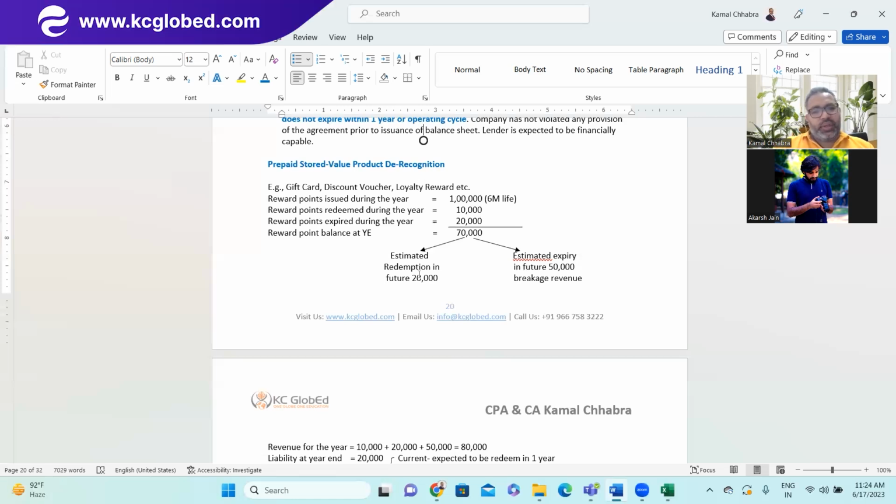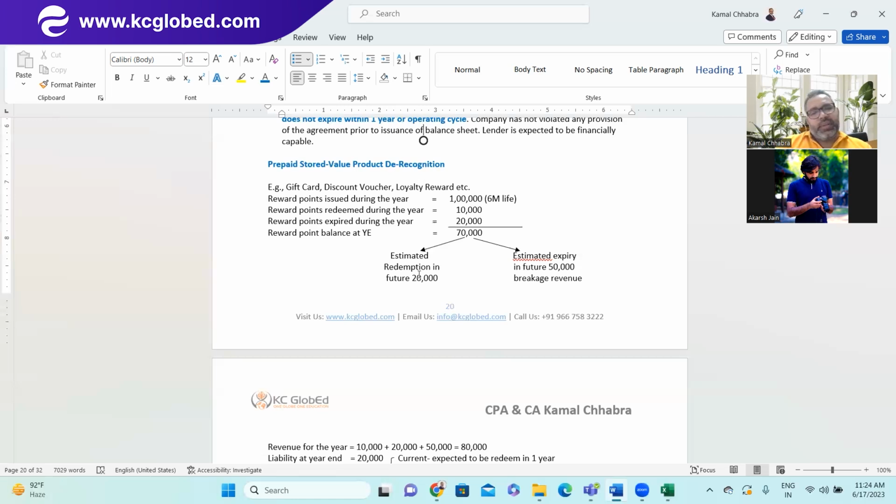Let's assume 20,000 points have expired during the year. So on the balance sheet date, the points that are open, neither redeemed nor expired, are 70,000. Out of the 70,000, you are expecting that people will redeem 20,000 and 50,000 will expire.